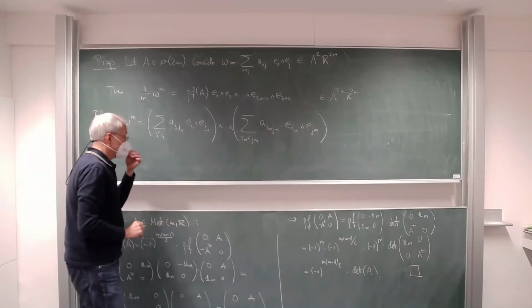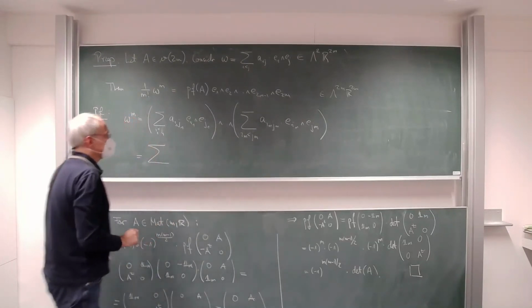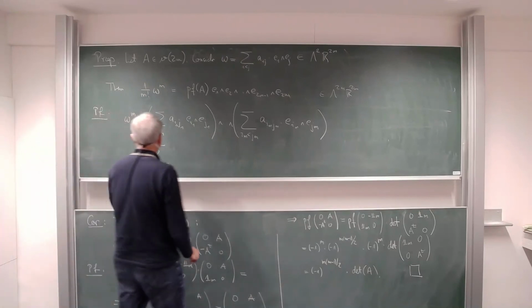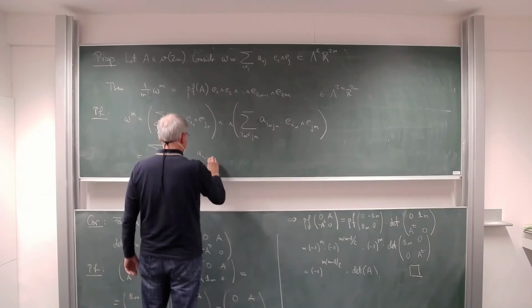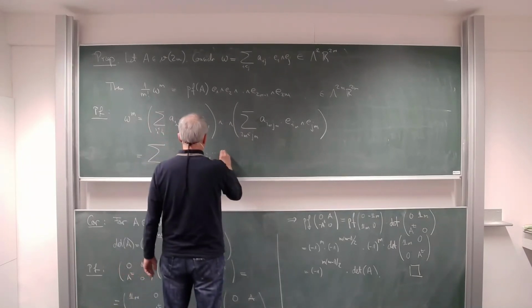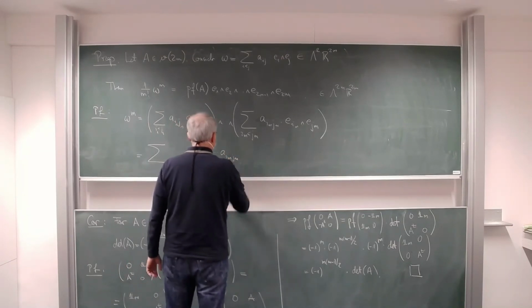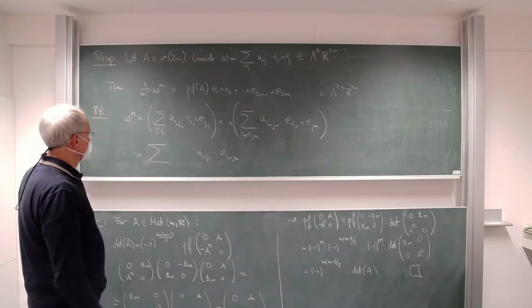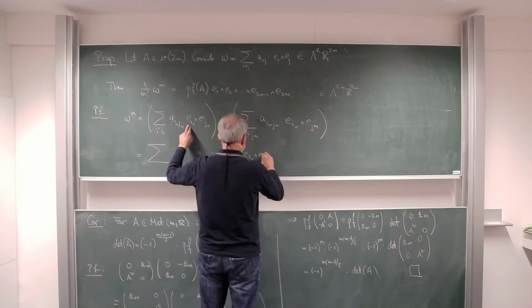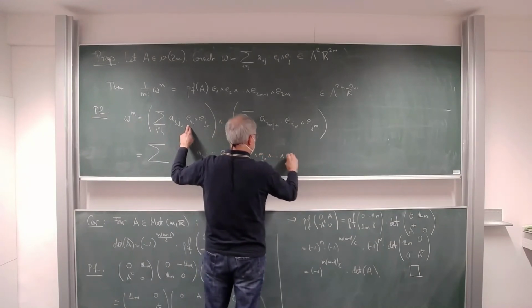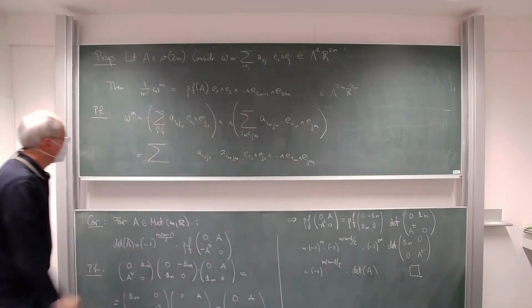Right. So let's multiply or expand this expression. Then we get a big sum. We have all these coefficients a_{i_1 j_1} all the way up to a_{i_n j_n}. Then we have e_{i_1} wedge e_{j_1} and so on, up to e_{i_n} wedge e_{j_n}.